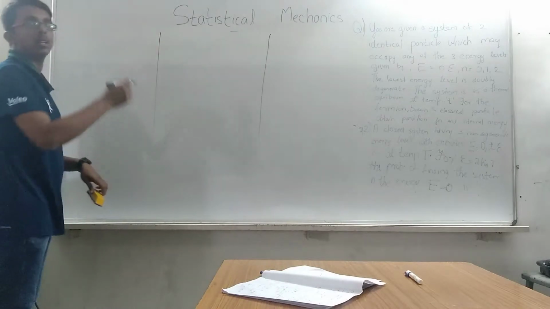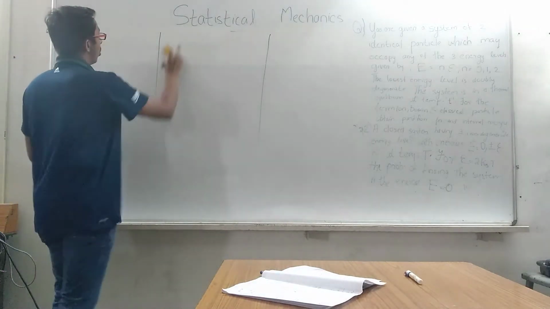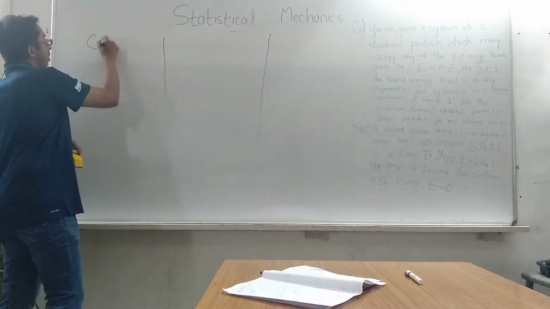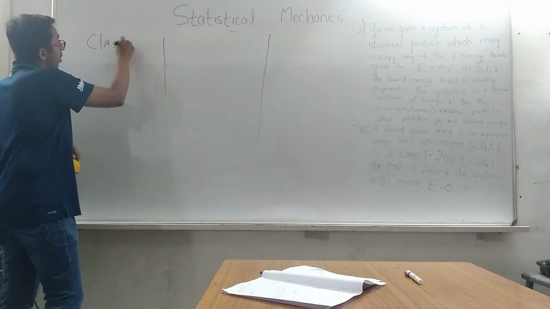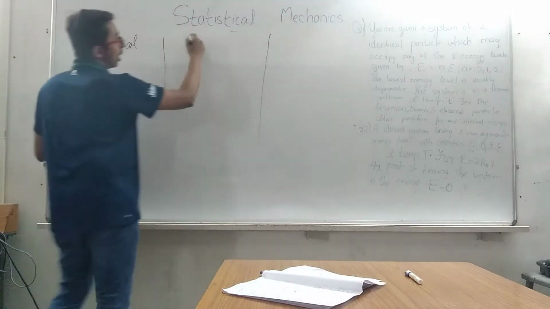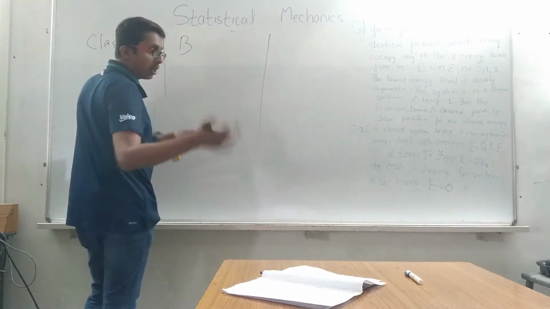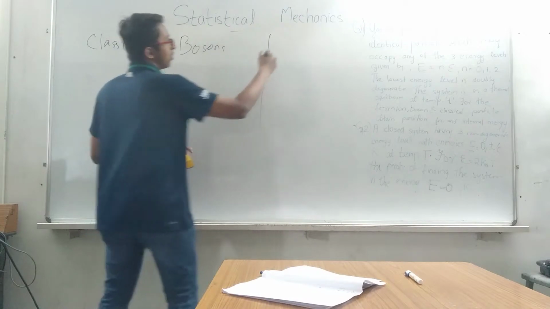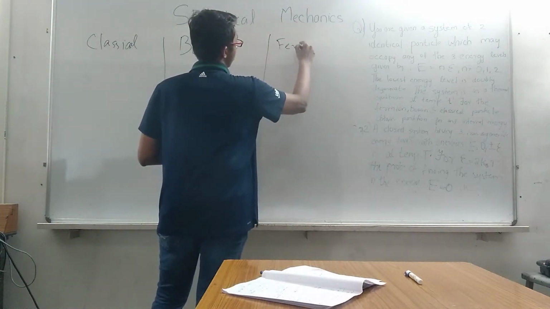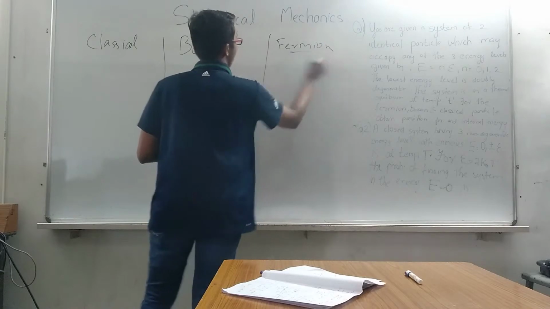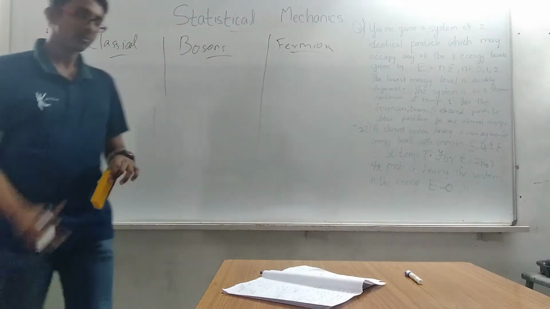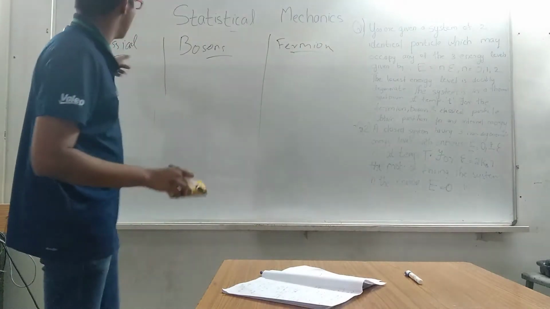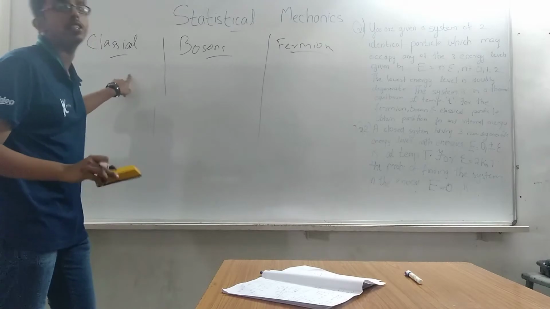First is classical mechanics, with classical particles. And here is the quantum. Quantum we have divided into two types, bosons and fermions. We will discuss what bosons and fermions are further on. The basic difference, as I said in the beginning, is that classical particles are identical and distinguishable.